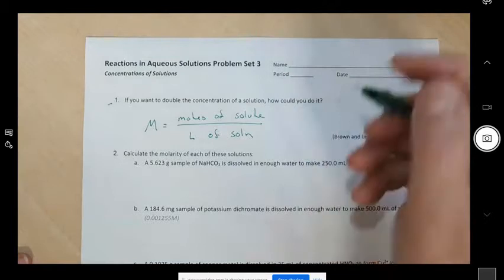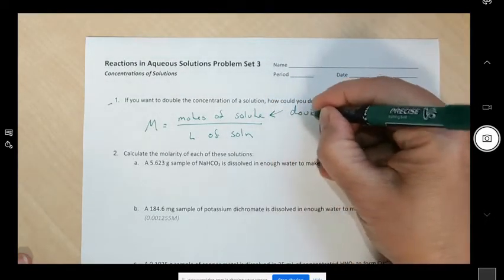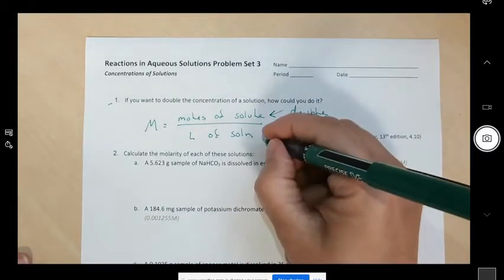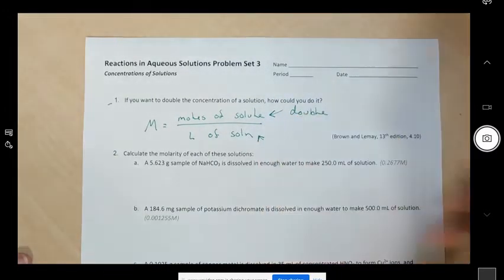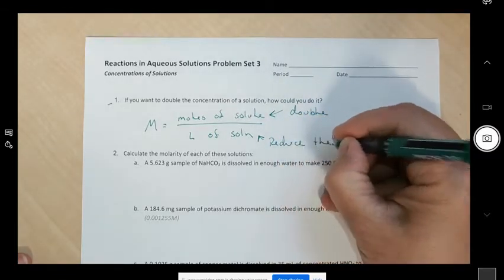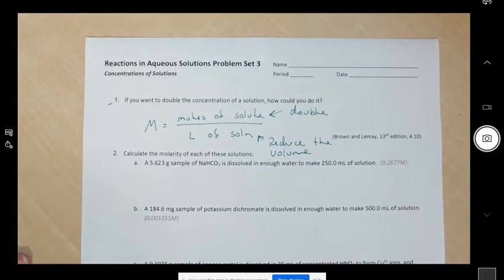You could either double the moles of solute, or you could reduce the volume of the solution by half, as long as you keep the moles of solute the same. So one of the ways you could do that is by just letting some of the solvent evaporate.